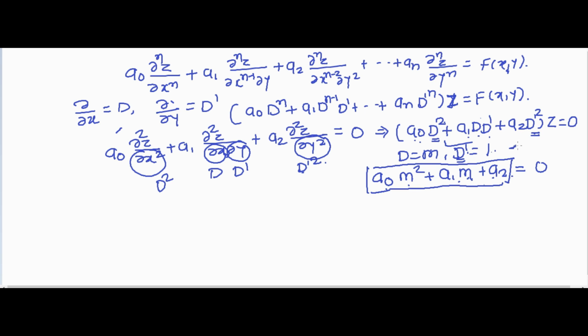As in solving ordinary differential equations, this equation is called an auxiliary equation. Whenever you are able to find the auxiliary equation, half the work is done, and you can find the solution of the differential equation.